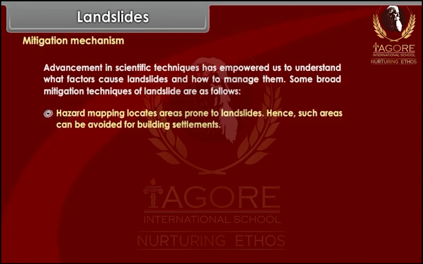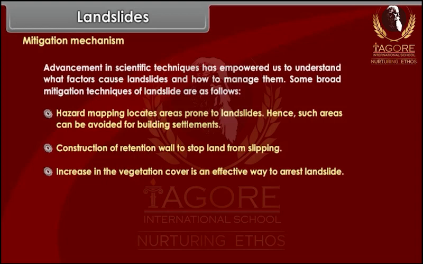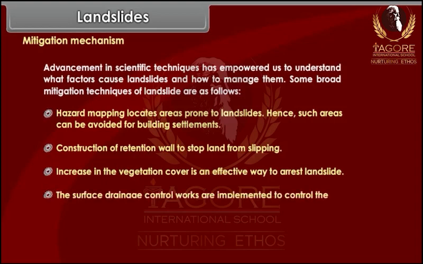Hence, such areas can be avoided for building settlements. Construction of retention wall to stop land from slipping. Increase in the vegetation cover is an effective way to arrest landslide. The surface drainage control works are implemented to control the movement of landslide along with rainwater and spring flows.